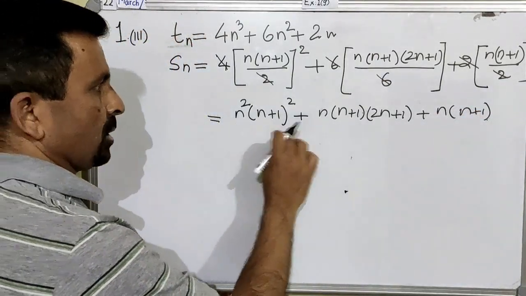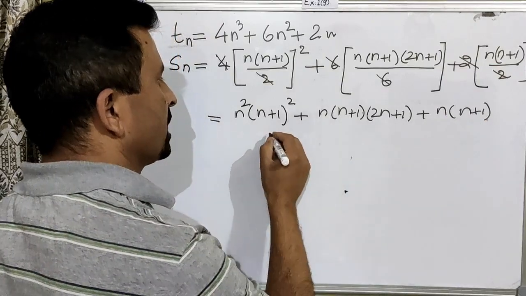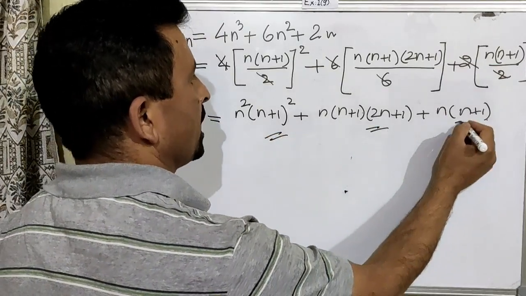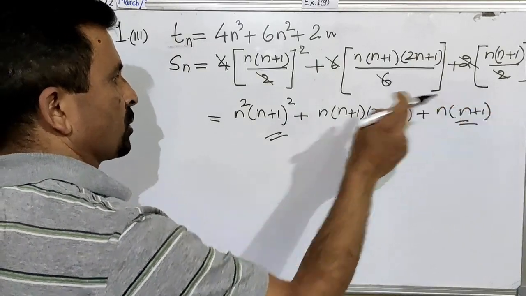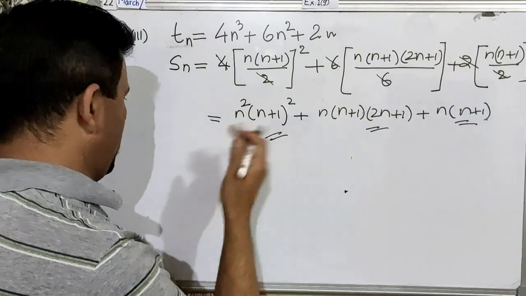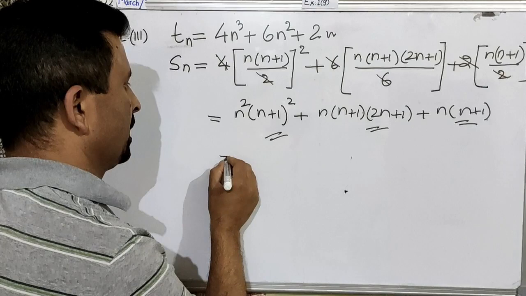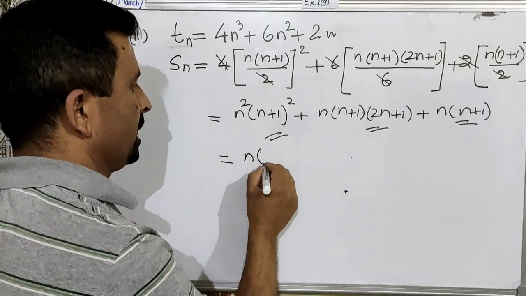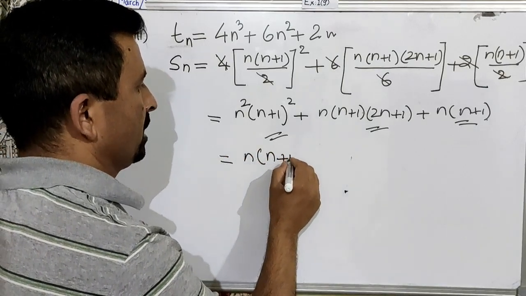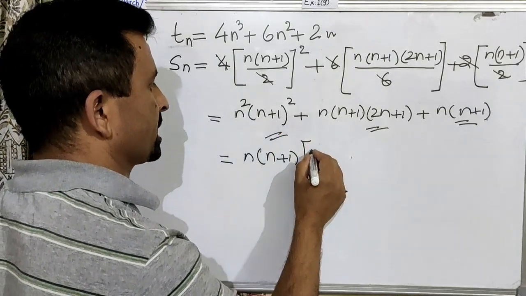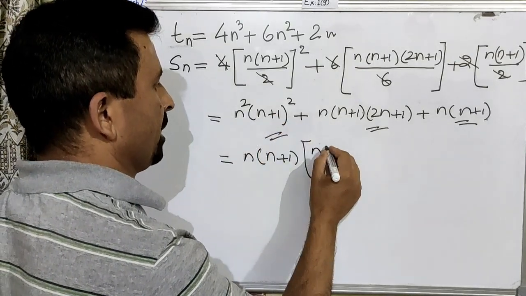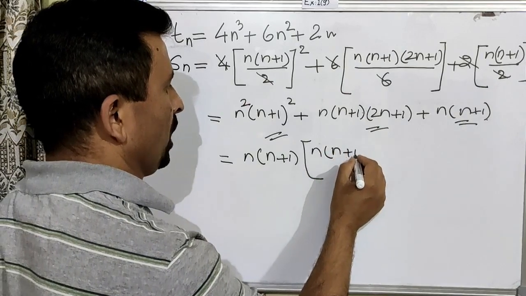Now if you look at this term, this term and this term, you will find that n into n plus 1 is common in all three. So we will take out the common factor, n into n plus 1. When we take it out, from here it will be just n, and from here it will become n into n plus 1.